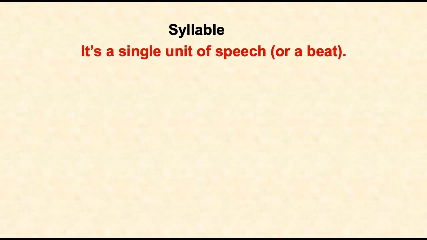Do you remember how to define syllable? Here's the definition of syllable. It's a single unit of speech, or maybe you learned it by calling it a beat. Alphonse Davis was an African-American pilot during World War II and the first Tuskegee Airman from Nebraska.